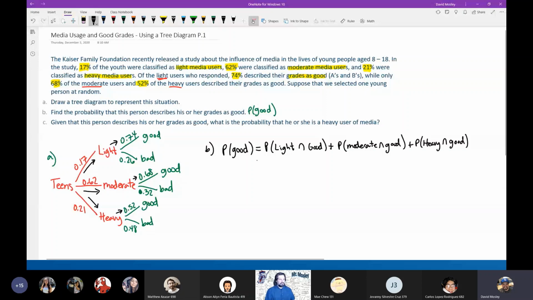All right. And based on what we've done so far and what we've seen in our previous examples today, to get the probability of light and good, I multiply these two numbers, 0.17 times 0.74, plus 0.62 times 0.68, plus 0.21 times 0.52.